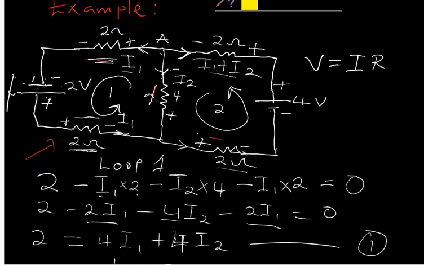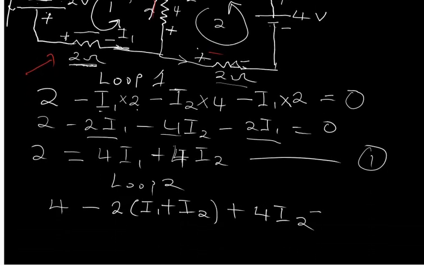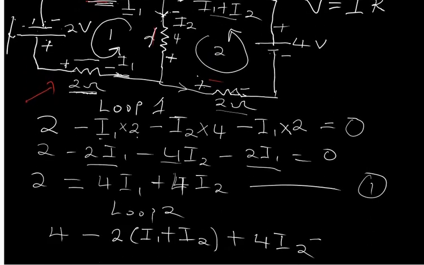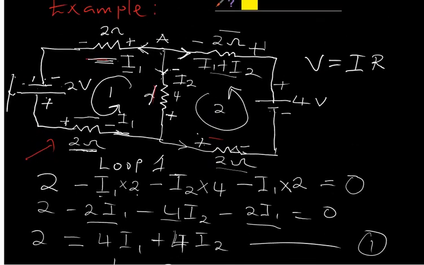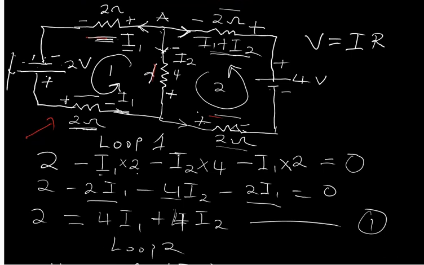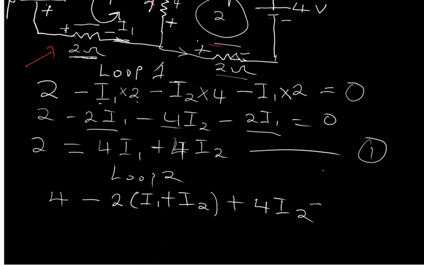Okay, in with the other resistor in loop 2. So this current I1 plus I2 will still be flowing through this 2 ohm resistor. So here we go, minus 2 into (I1 plus I2).